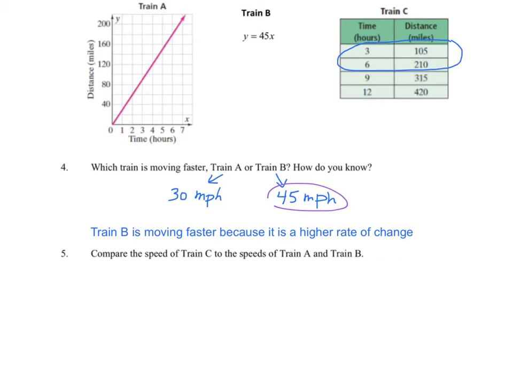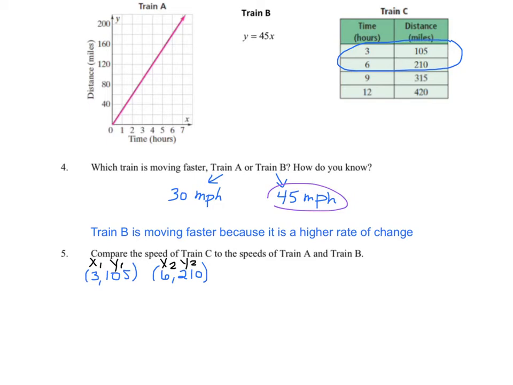So it's coordinate 3, 105, and coordinate 6, 210. And we're going to use our slope formula. So we're going to label x1, y1, x2, y2. So whenever you're given a table or a graph, use your slope formula.